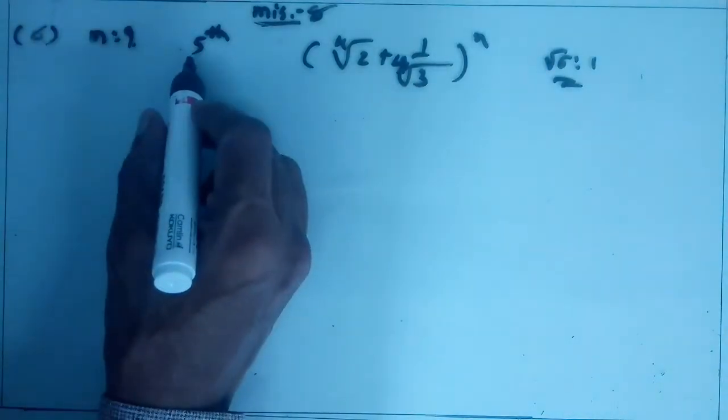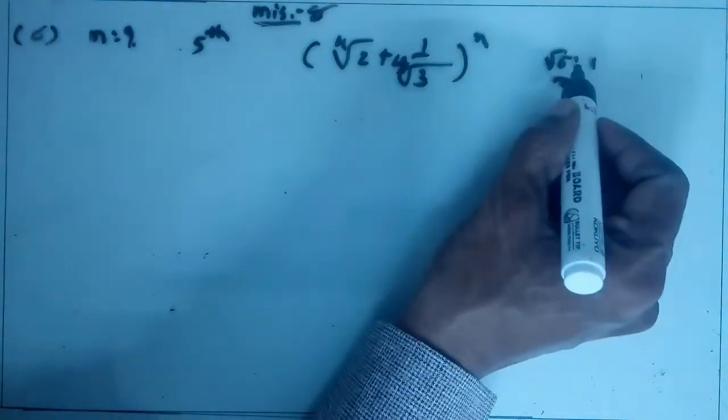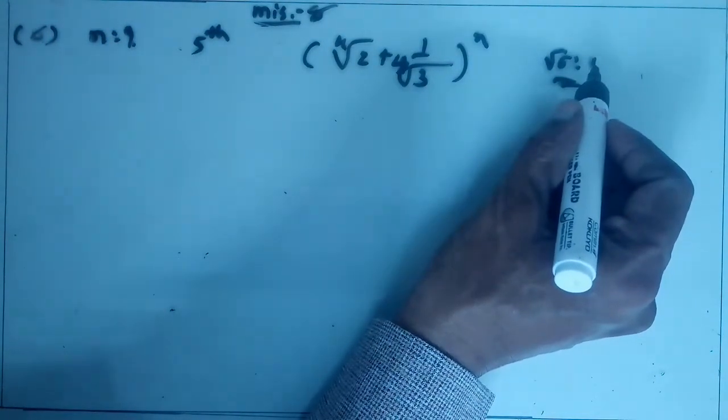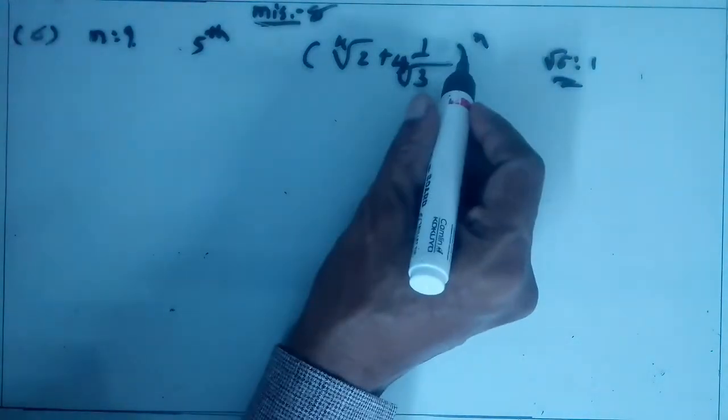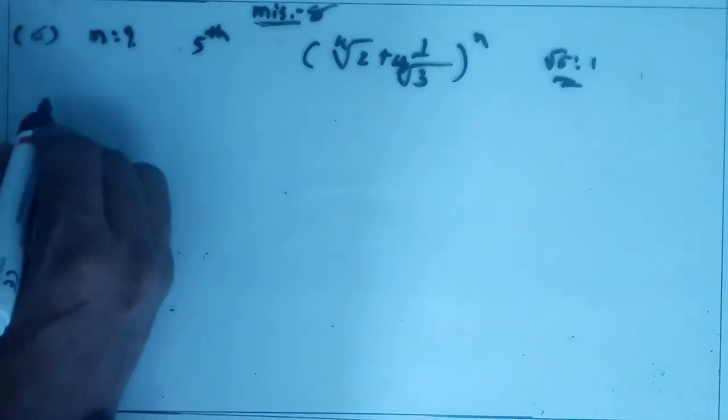Here the ratio of the fifth term from the beginning and the fifth term from the end in this expansion is equal to root 6 ratio 1, given. So first find the fifth term from the beginning.